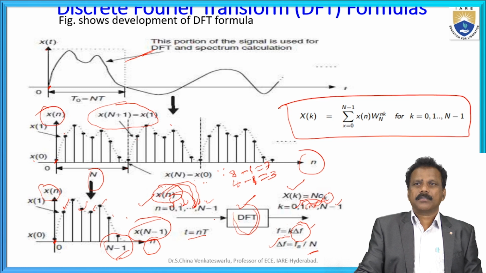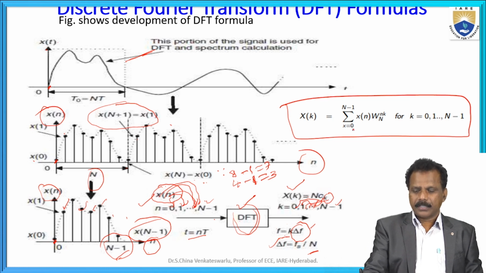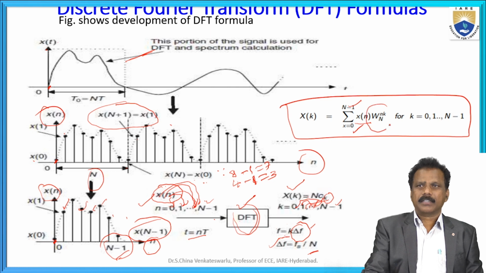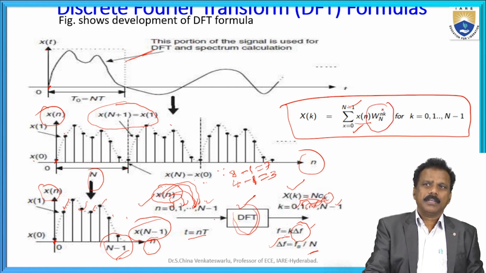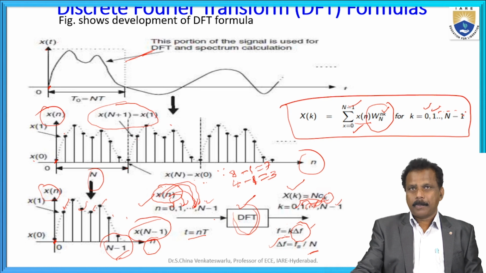Where X of k is equal to the summation over n equal to 0 to N minus 1 of x of n times the twiddle factor WN to the power kn, for k equal to 0, 1, 2, 3 up to N minus 1.